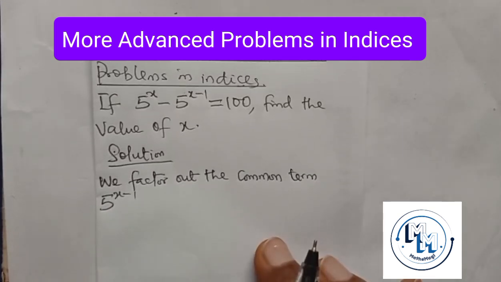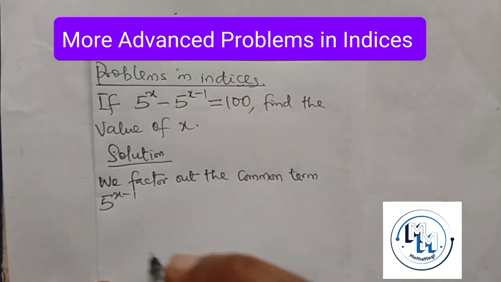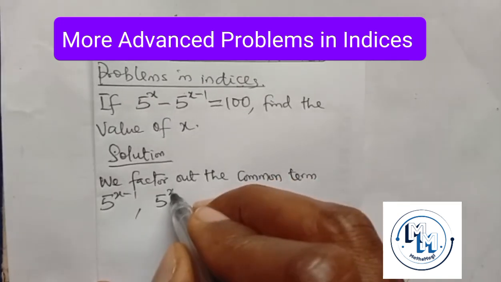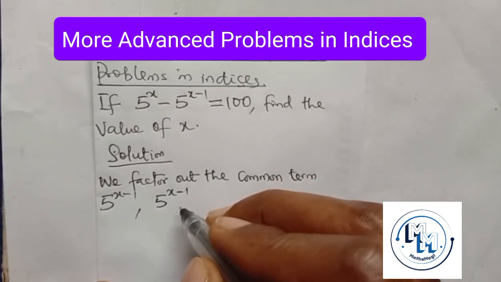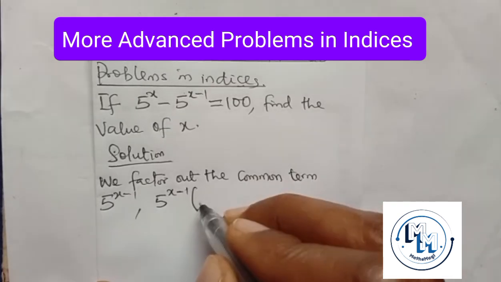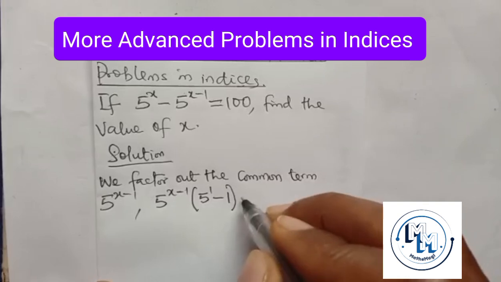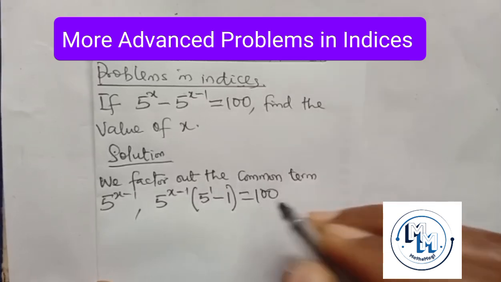Now let's look at something here. Is that okay? So when we do, we are going to have 5 power x minus 1 into brackets 5 power 1 minus 1 equal to 100.